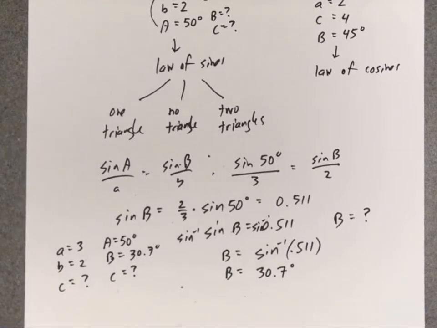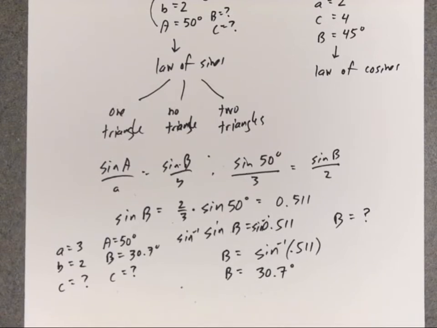I need to figure out angle C. Now I'm going to finish this triangle, although in this case I know there might be a second triangle. But let me finish out this first triangle, and then I'll see if there's a second triangle.